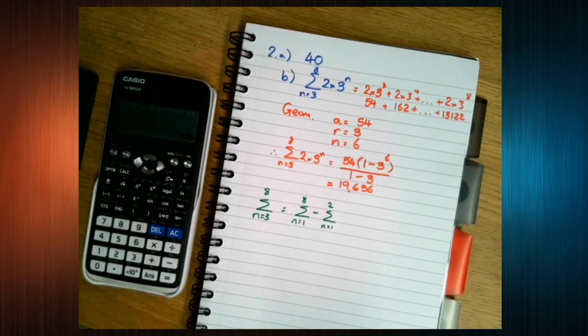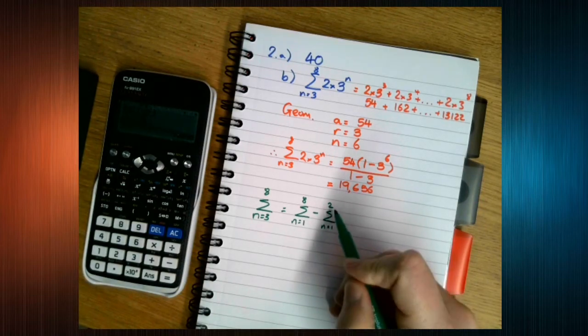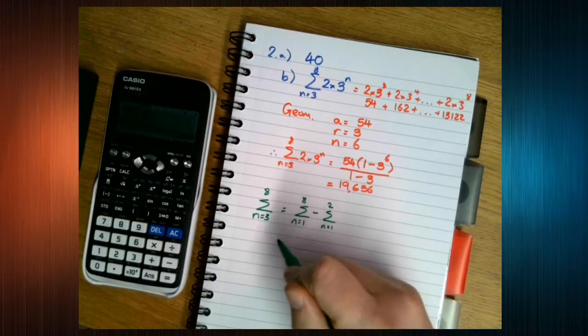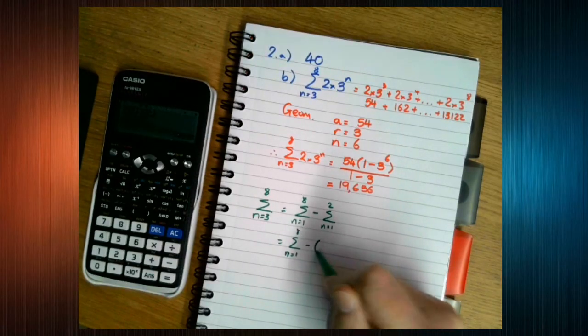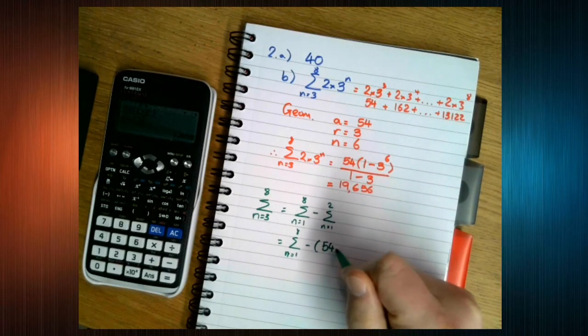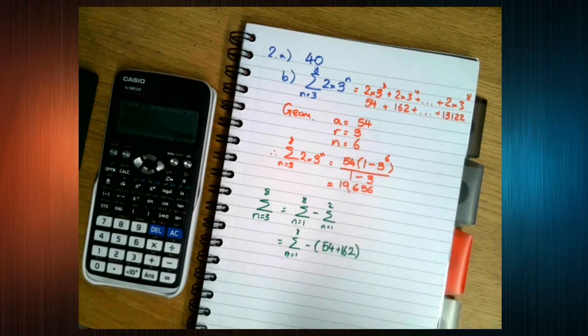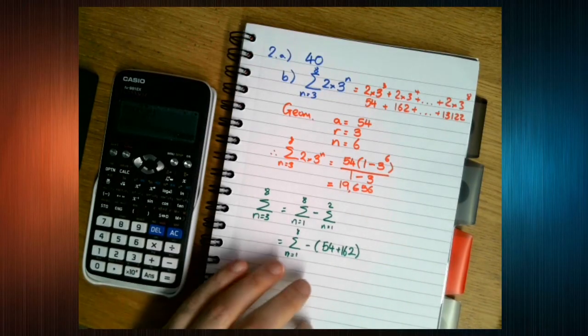And you would end up with the same answer. This also you wouldn't have to use the formula for, because you can just go, okay, well this is the sum from n is 1 to 8 minus, we know the first 2 terms because we worked them out. Again, another way to do the question.